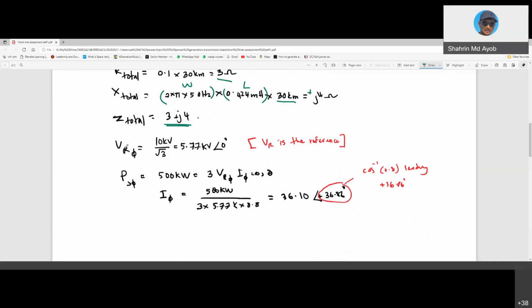For all parameters, voltage or current, we always choose some parameter as the reference. For this topic, the receiving end phase voltage is always the reference, so I put angle 0 here. Understand?